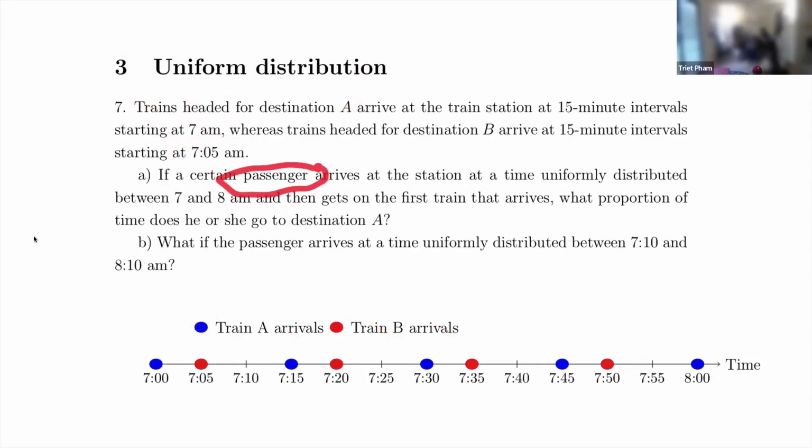The passenger is the one who arrives randomly. Your task is to read the description. The behavior is a bit weird too: they get on the first train that arrives. What proportion of time do they go to destination A?